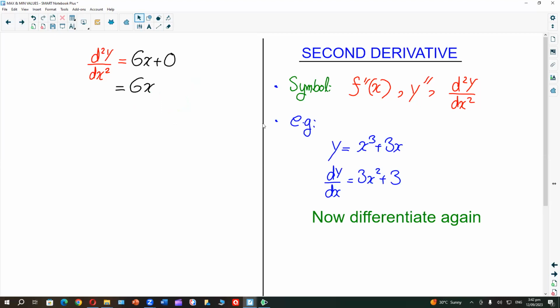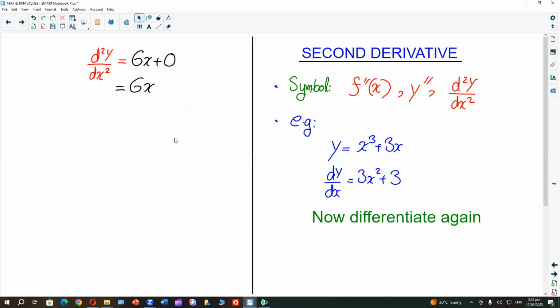When you differentiate a function second time, it's very simple: you differentiate it once and then you differentiate it twice. You will get the second derivative. Remember the symbols f double prime x, y double prime. So these are the symbols. Copy this example in notes.